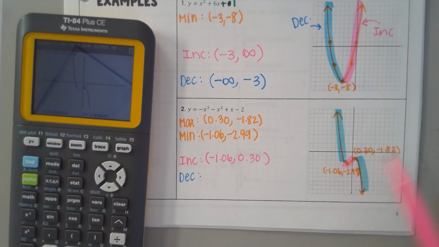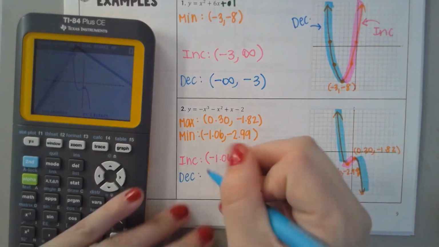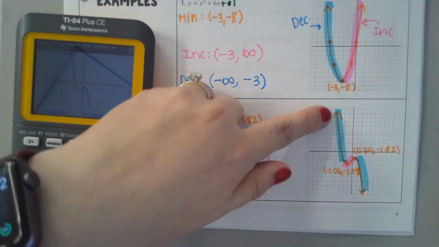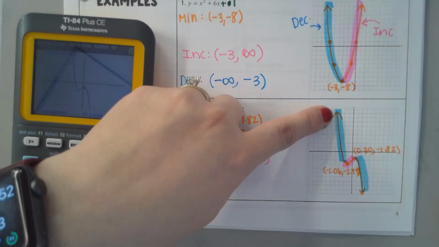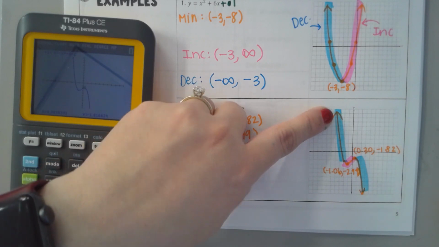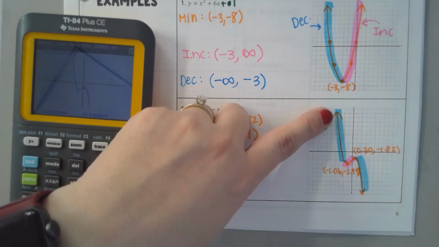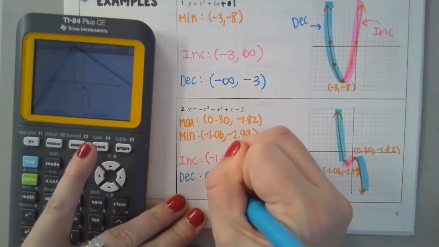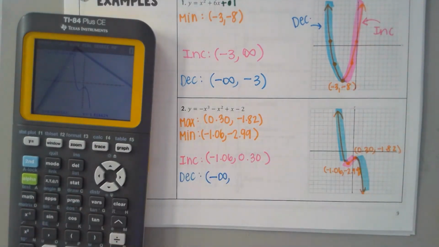And we only put the x values. Any questions on that? Now the decreasing, there's two. So this first one, where does it start? We would put negative infinity because there's an arrow where we would start.